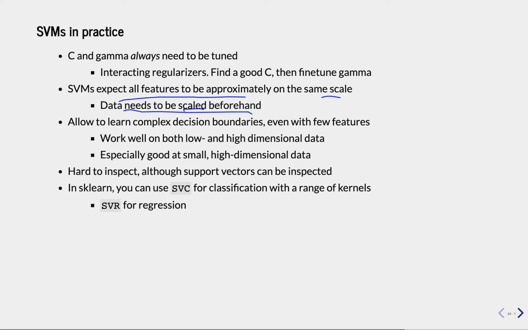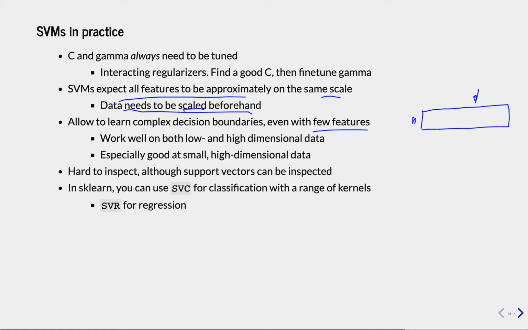Now, SVMs can be used to learn very complex decision boundaries, even if you have few features, right? If you have a data set which has a lot of features but only a few points n, SVMs are basically unbeatable. Normally, with a high-dimensional data set, you need a large number of points to learn the weights.